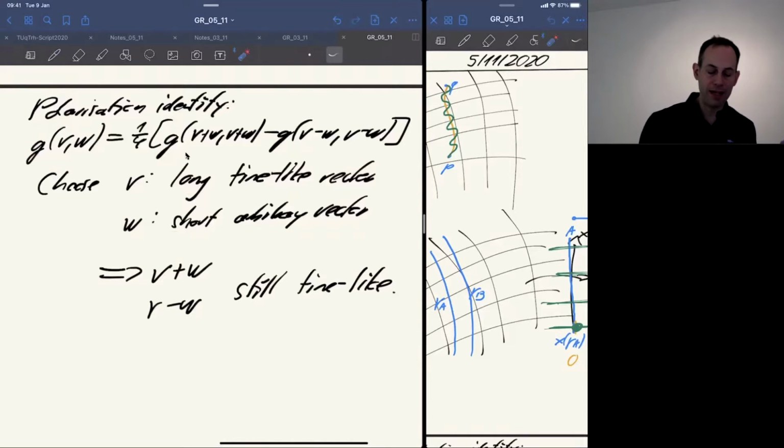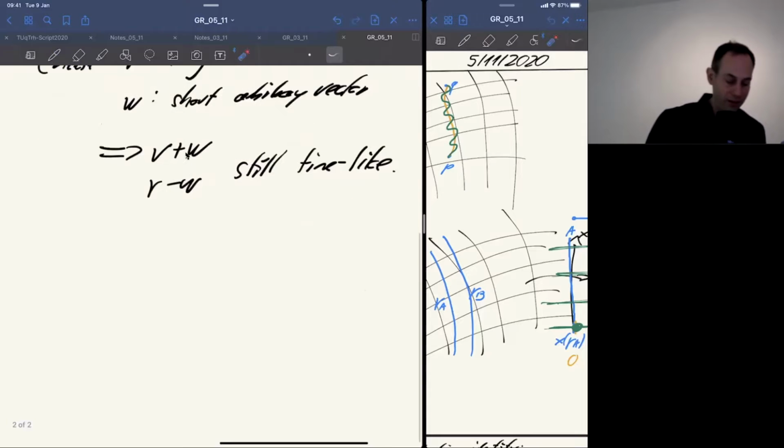By linearity, we can change the length. And by adding vectors of different types, we get this measure for arbitrary vectors. So the point here is that if I only have a clock, I can still determine this measure G for arbitrary vectors, including space-like vectors or also light-like vectors, of course.